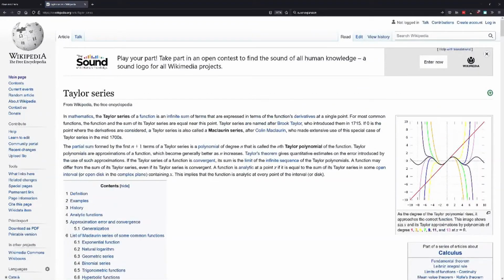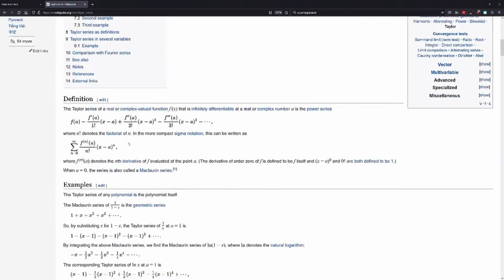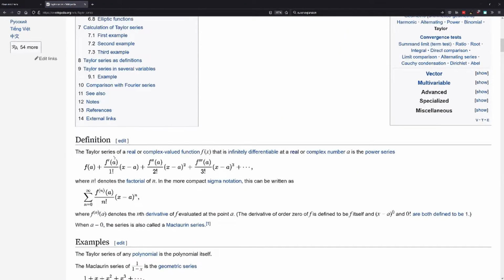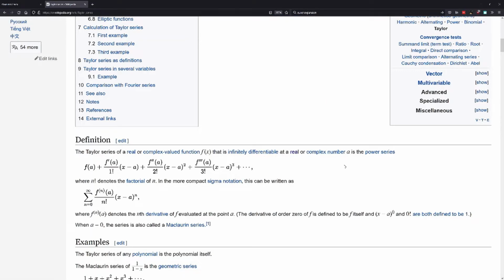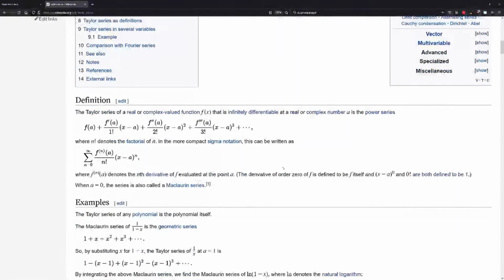So we take a non-trivial f of x function that maybe has exponents or other crazy things in it, or signs, and then we just create a polynomial that correlates to it. So x to the nth power plus the various other things.